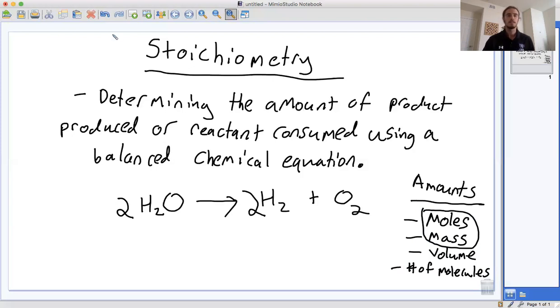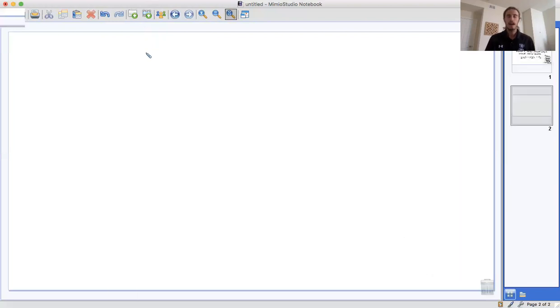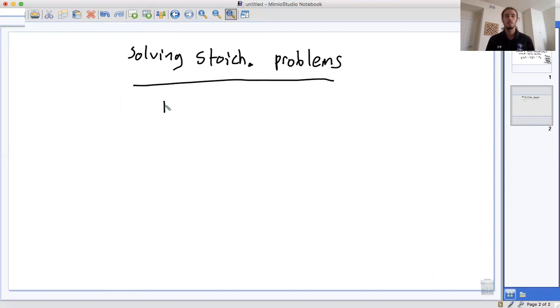All right, so how do you solve a stoichiometry problem? In general, there are two keys. One, you've got to be able to do unit conversions.